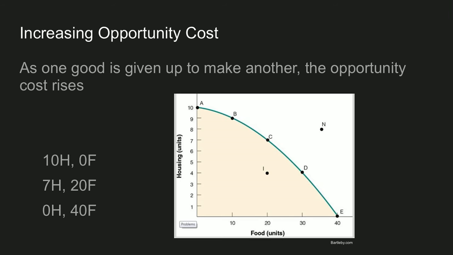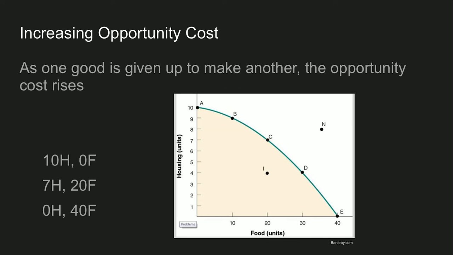So going back to this image, I is inside of the PPC, which means that our resources are lying idle and that we are not using them as well as we should. As we can see, we can either choose to produce at point I and make 20 units of food and 4 units of housing, or we can make 20 units of food and 7 units of housing.